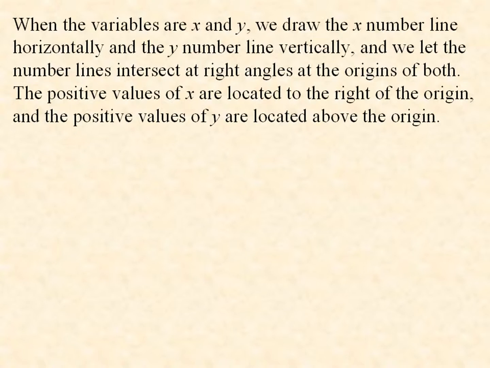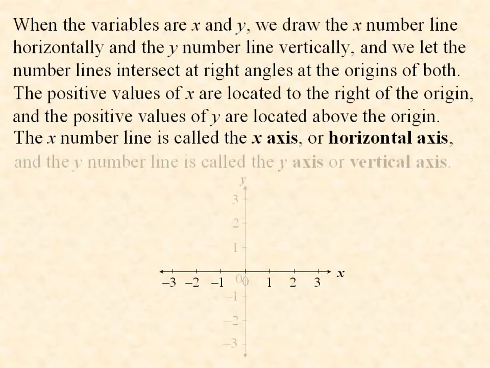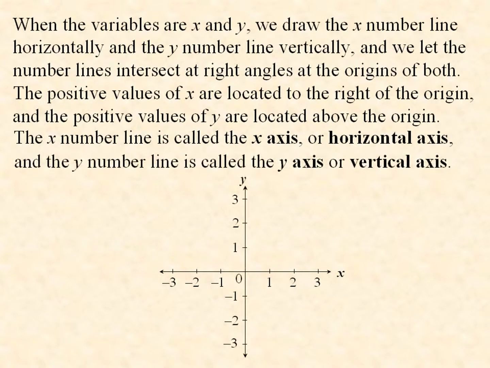Here the origin refers to the common origin of both number lines. The x number line is called the x-axis or horizontal axis. And the y number line is called the y-axis or vertical axis. Their intersection is their common origin.